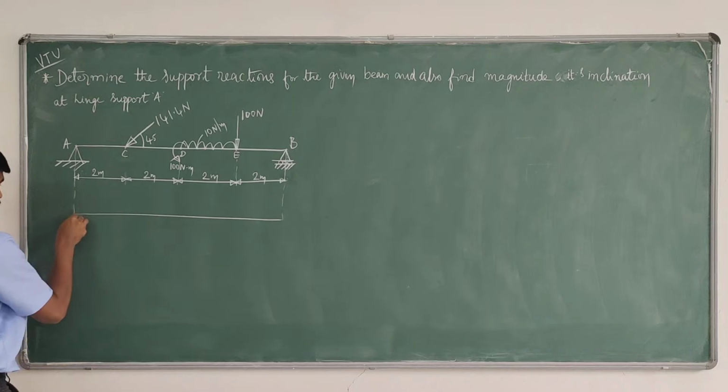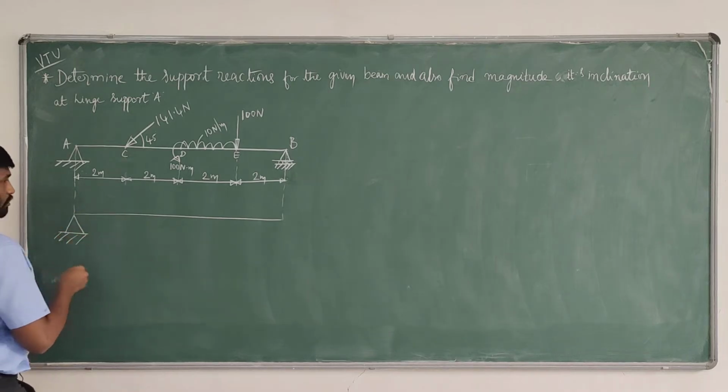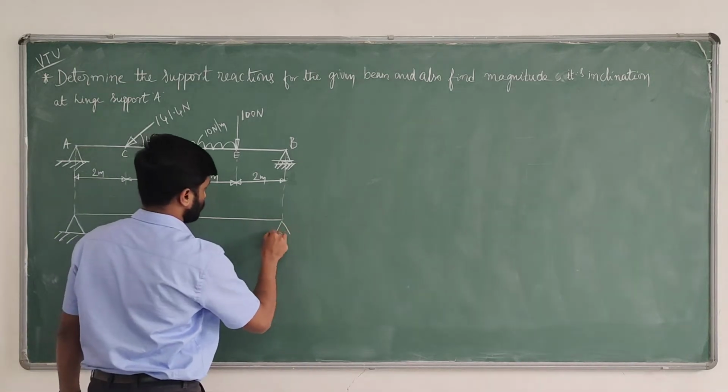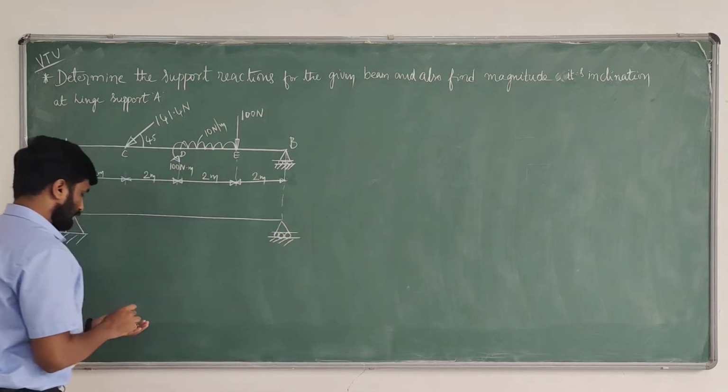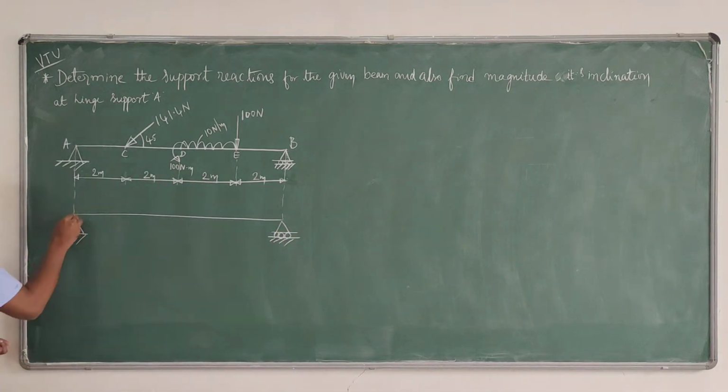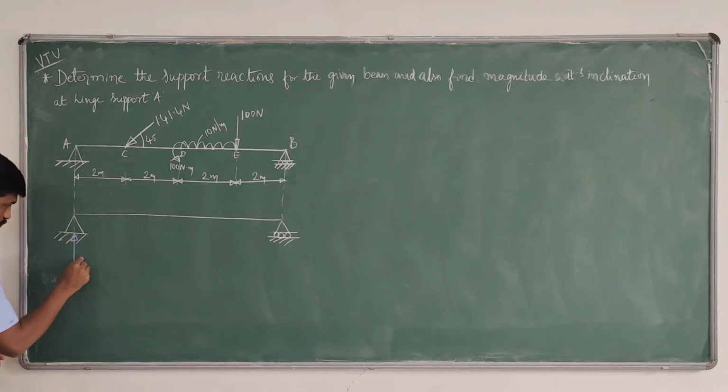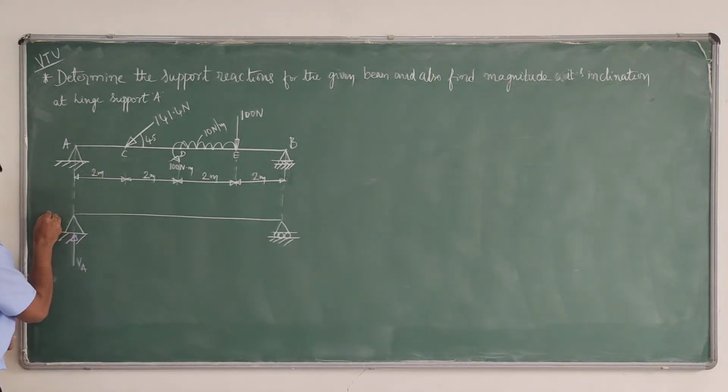In the free body diagram, first the hinge support, and here we have the roller support. Write the unknown reactions. Here one vertical, so take this as VA, vertical at A, and one more horizontal, HA.